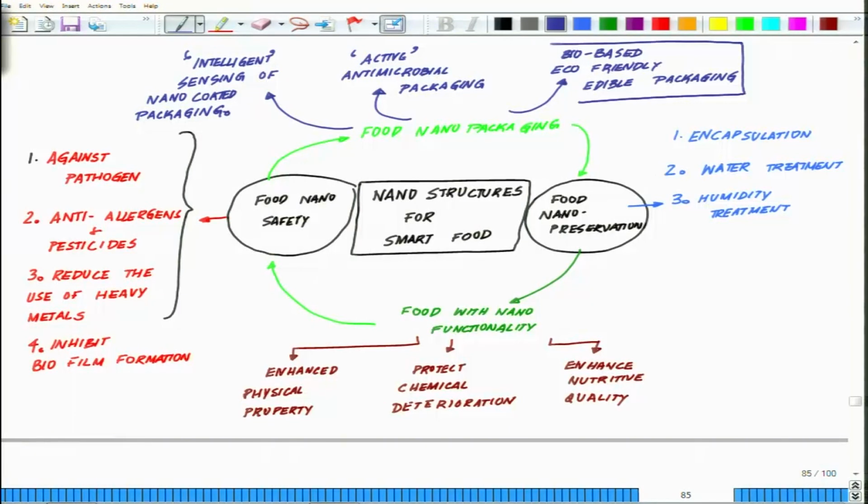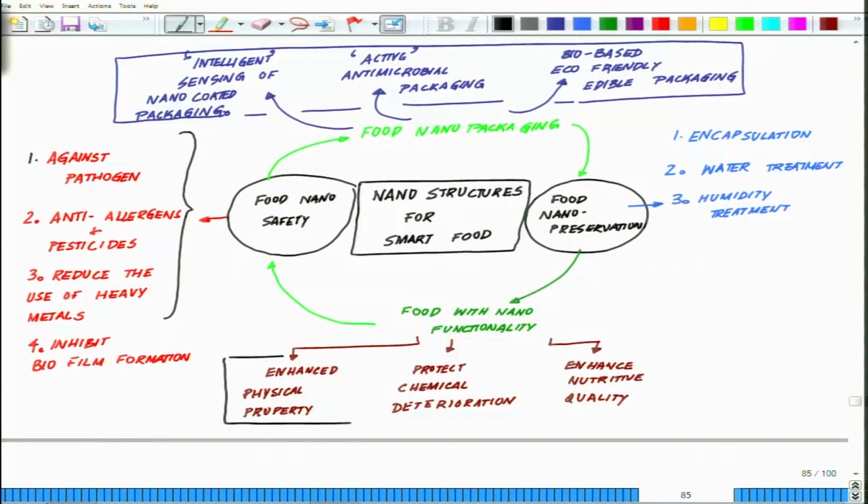So, there could be many more of these, but these are the key attributes expected from these kinds of modifications by encapsulation, water treatment, and humidity treatment of the food.